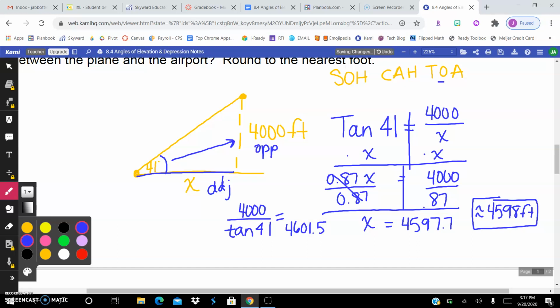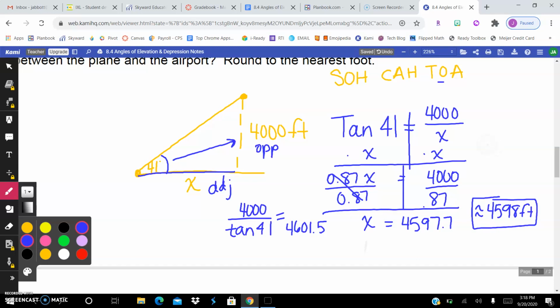So they're close, but when we use the actual tangent of 41 in our calculator, when we're doing the division, instead of rounding it to 0.87, we get a little bit more accurate number. And I will take both. I don't care which way you do it.